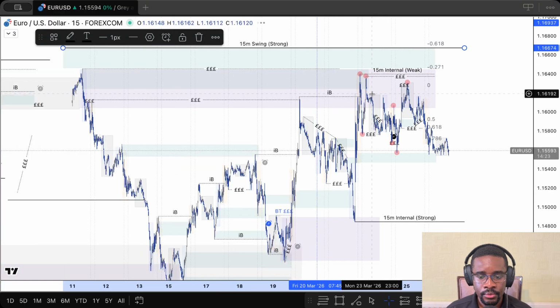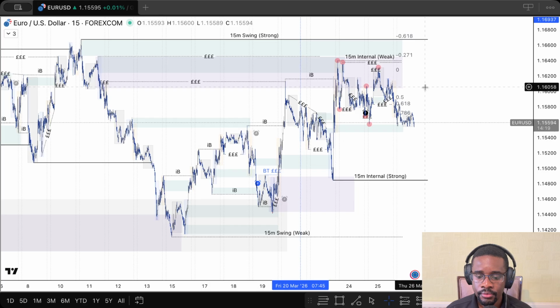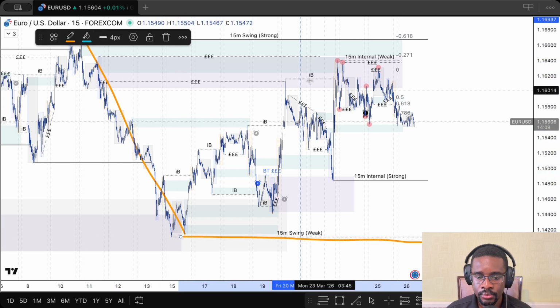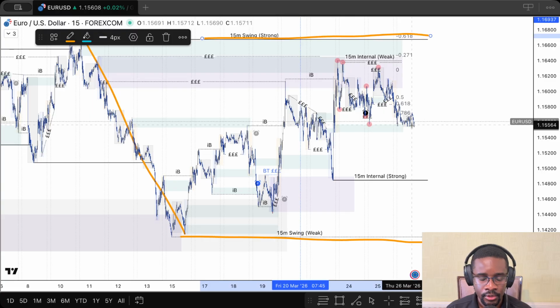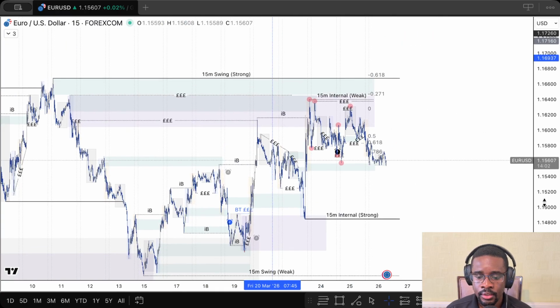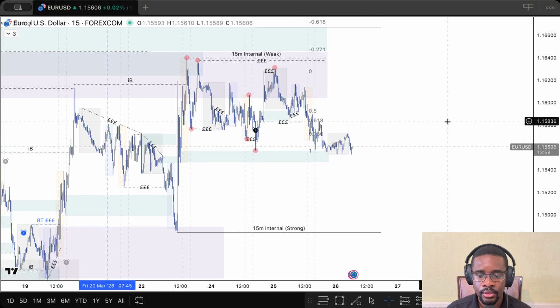The 15-minute swing range is still here. There's a 15-minute swing range, which is bearish, and then the internal range is bullish.